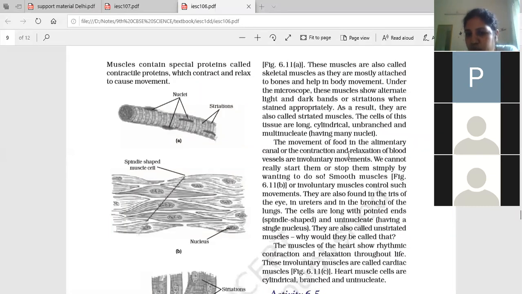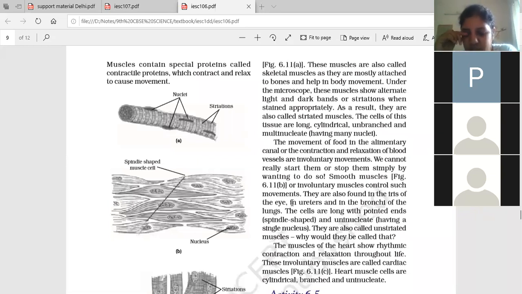The movement of food in the alimentary canal or the contraction and relaxation of blood vessels are involuntary movements. We cannot really start or stop them simply by wanting to do so. Smooth muscles, which is why we call them involuntary muscles, control such movements. They are also found in the iris of the eye. That means the size of the pupil.